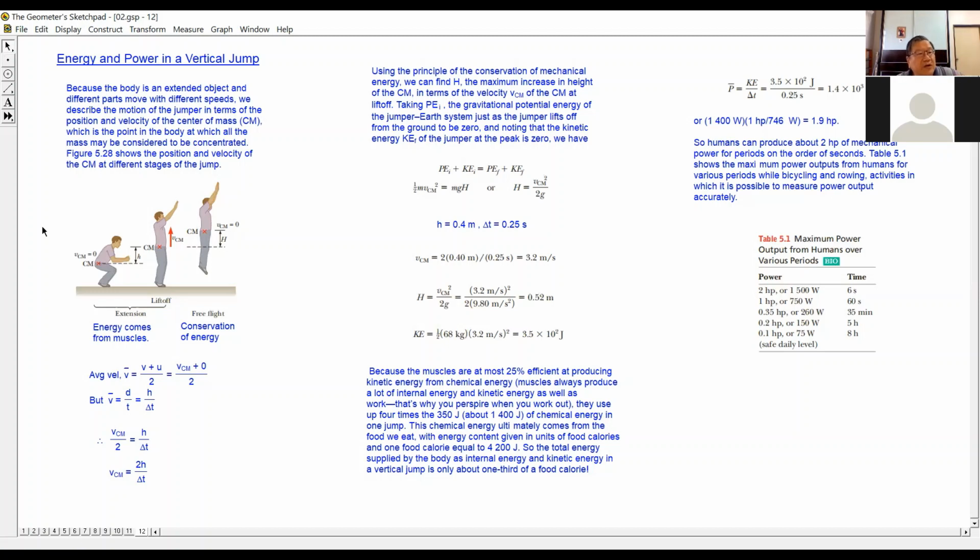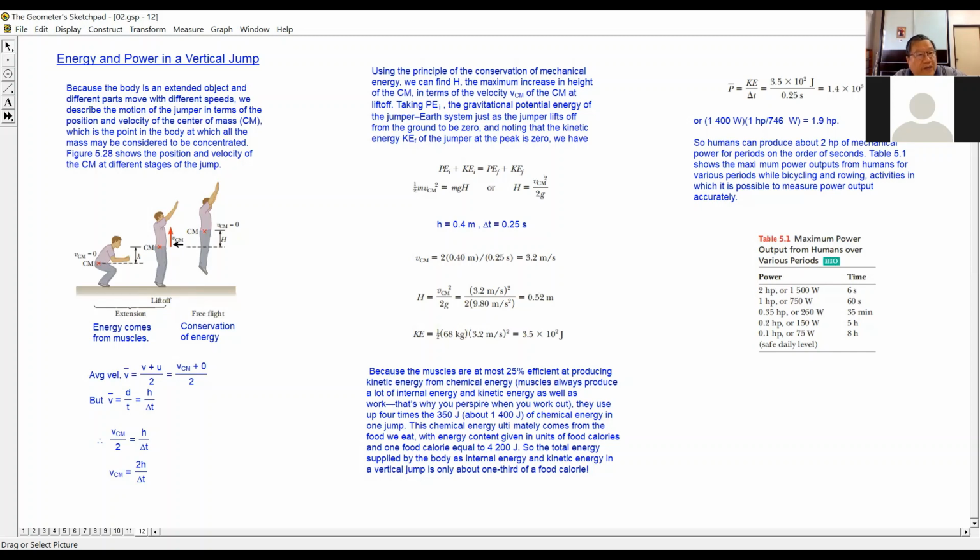In the first stage, the body's muscle acts like a spring, throwing the body upwards. All the energy comes from the muscles, the chemical energy stored inside the muscle. So all this energy is converted to the kinetic energy VCM.